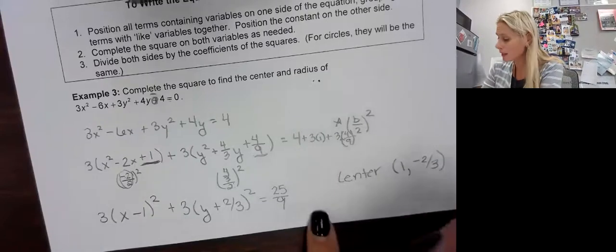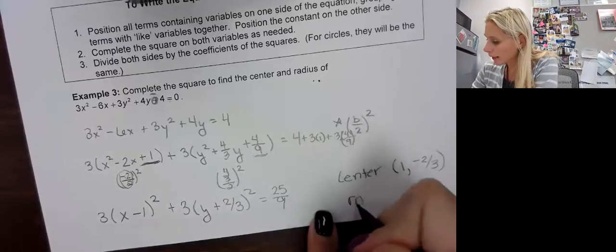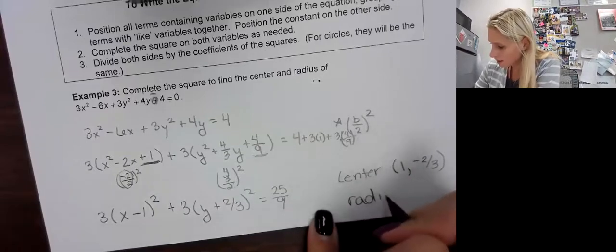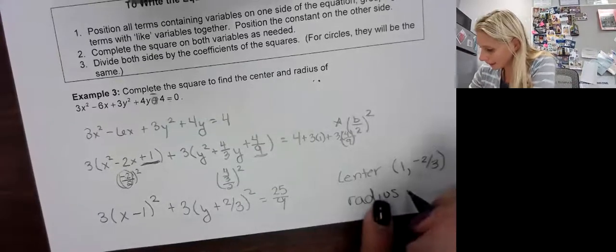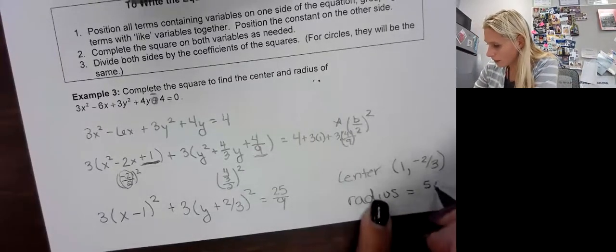And be careful on this radius, because remember, the radius is not 25/9. We have to take the square root, which means the radius is 5/3.